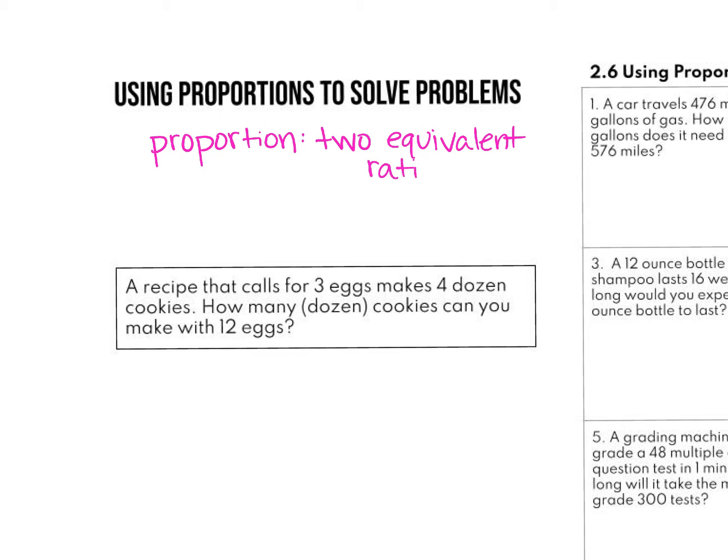We know that a ratio is a comparison of two things in fraction form. So my proportion is going to look like this, the shell of a proportion. I'm making the fraction bar really big. A proportion might look like something like 1/2 is equal to 3/6.